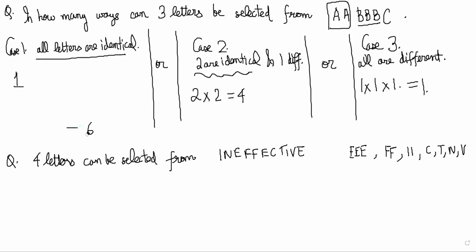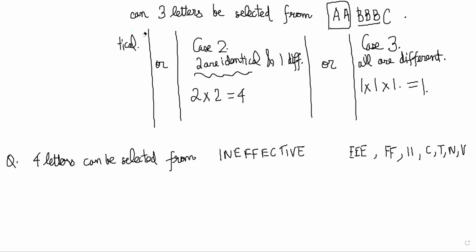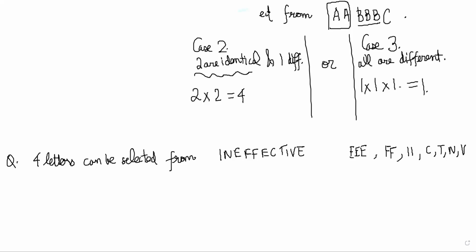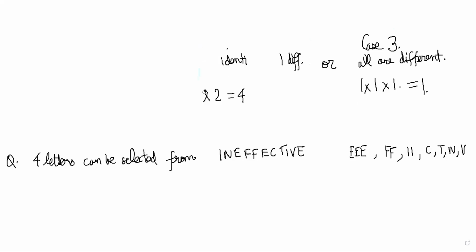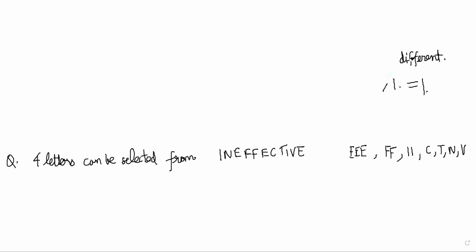There are 3 E's, 2 F's, 2 I's, and C, T, N, V are different. So we can select three same and one different.